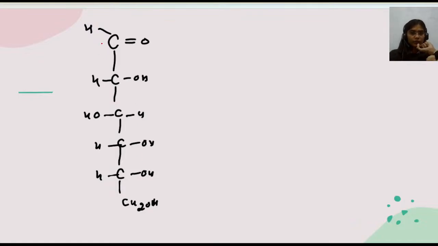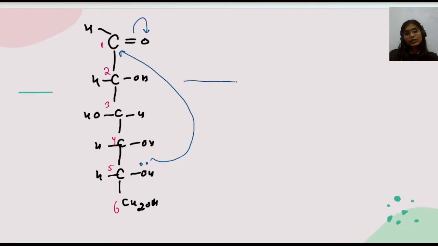Count the number of carbons: 1 carbon, 2, 3, 4, 5, and 6 carbon. The fifth carbon OH group simply combines with the first CHO. This is how the bond opens up.